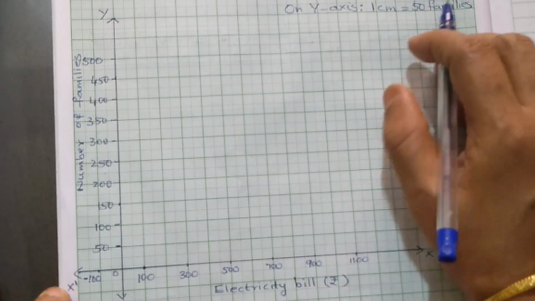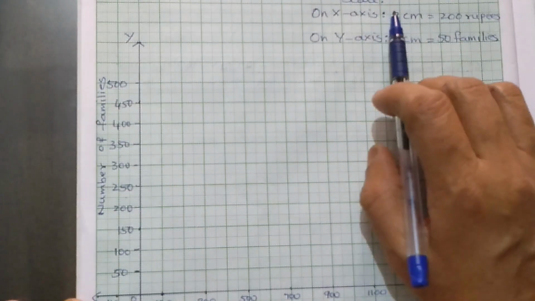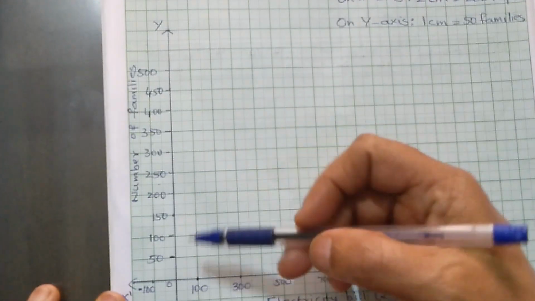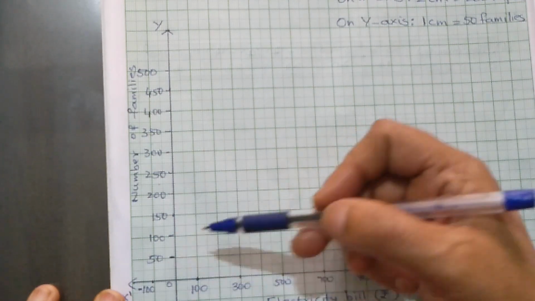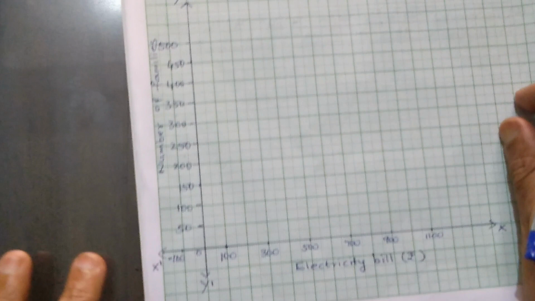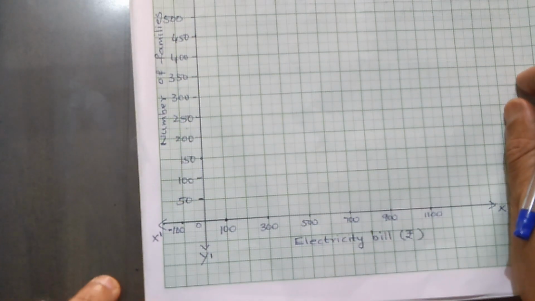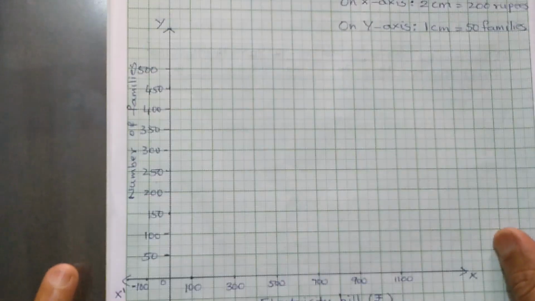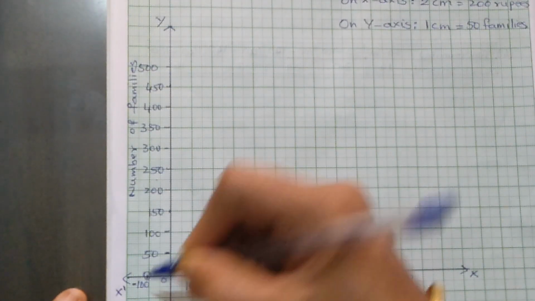The difference between 300 and 100 is 200. On the y-axis 1 centimeter is equal to 50 families. Now to draw the frequency polygon, the first one is -100 and 0, which will come over here.